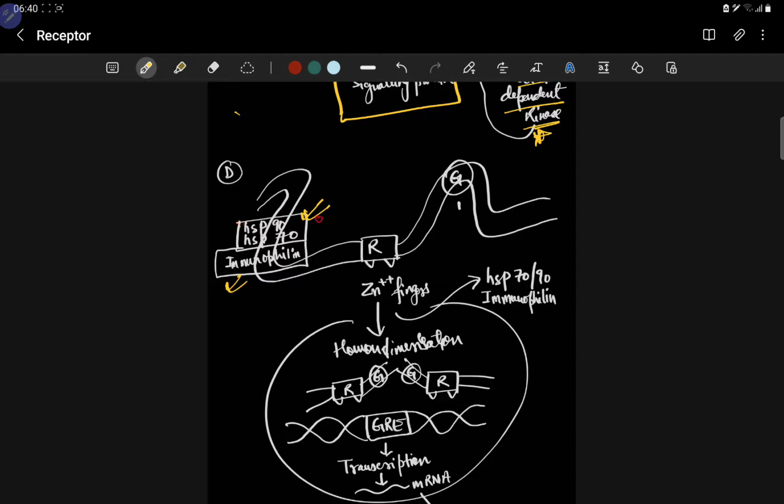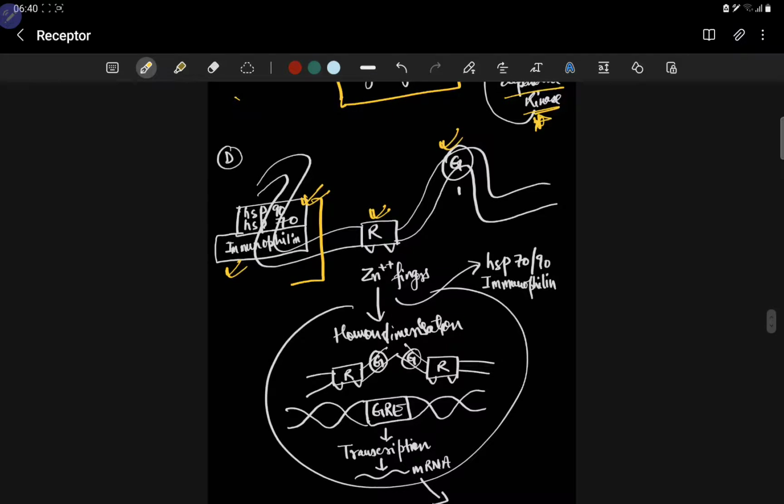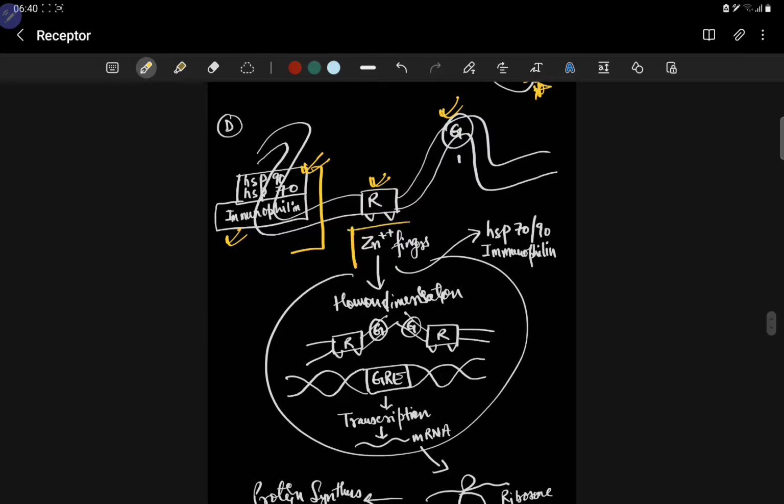Okay, this is one complex, and this is the receptor, and this is the globulin. Now what happens with the help of zinc fingers? With the help of zinc fingers, you see these are the zinc fingers in the receptors. What will happen? There will be homodimerization.